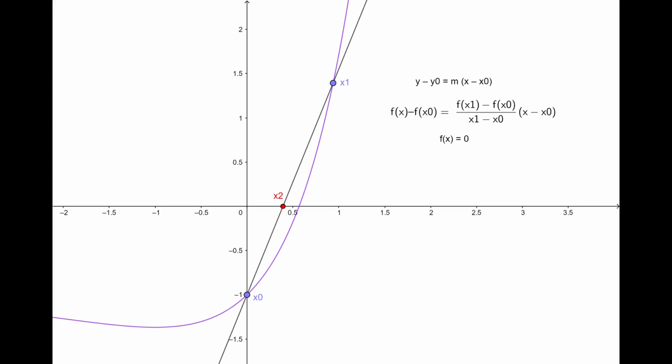We will put f of x equals 0 and x equal to x2 in the equation, as we have to find the point where it intersects the x-axis. In this case, we will get the x2 value. After simplifying, we get x2 equal to x0 f of x1 minus x1 f of x0 upon f of x1 minus f of x0. By using this formula, we can directly calculate the next iteration value.